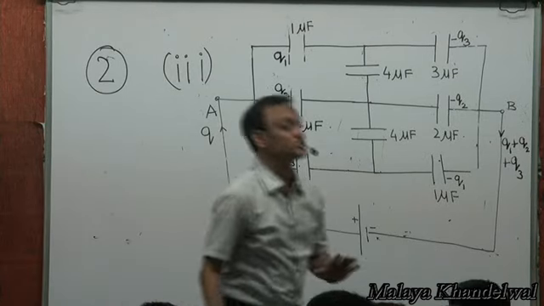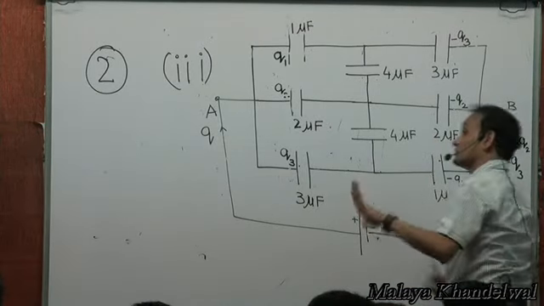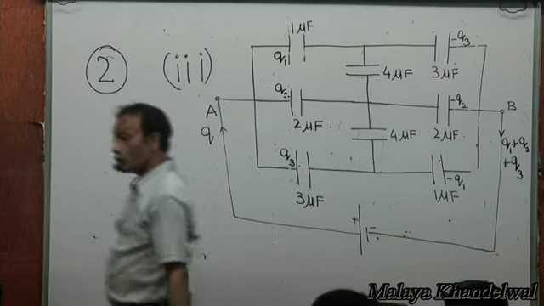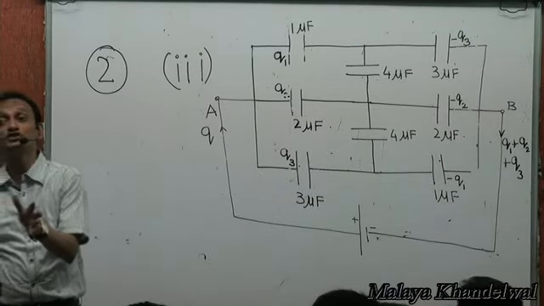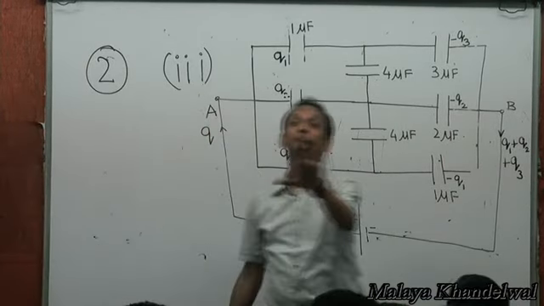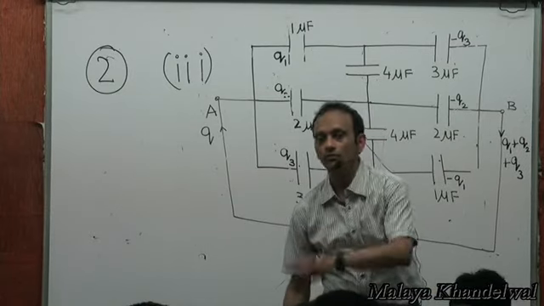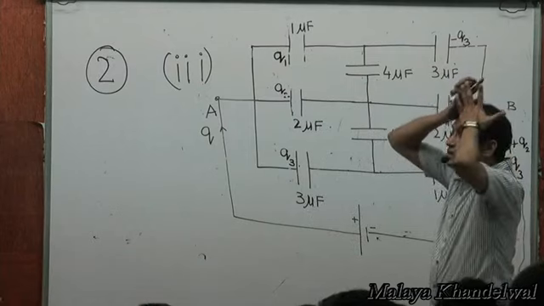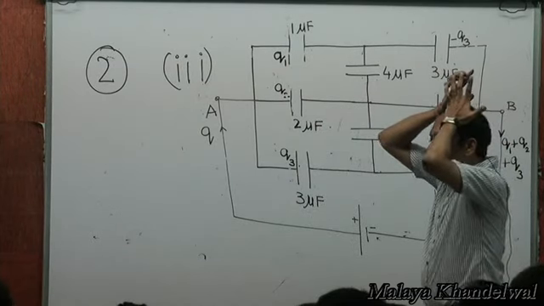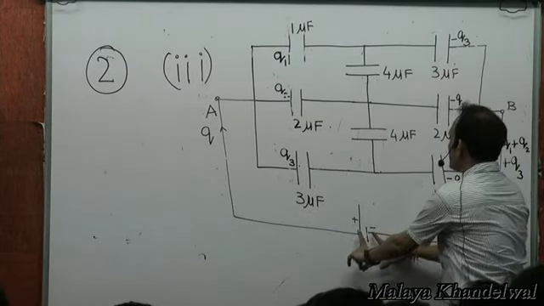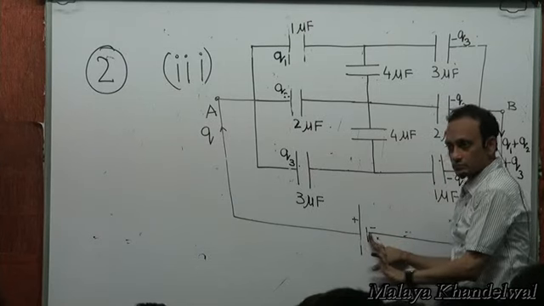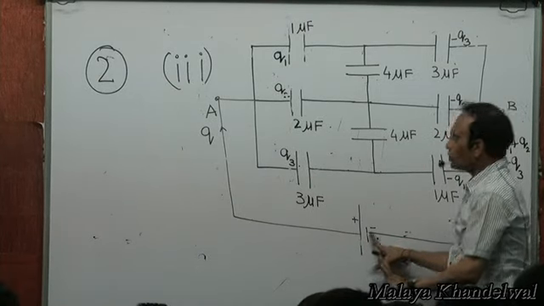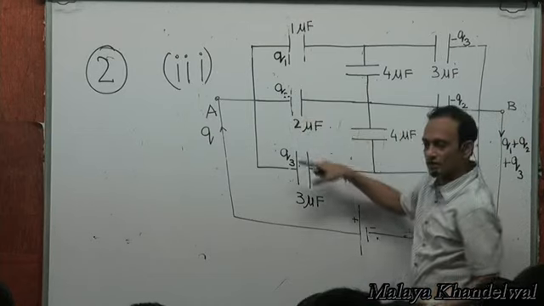This is about an observation. Okay, listen to me. We're going to deploy this observation time and again, so give it a thought. See, if the terminals of the battery were like this, plus and minus, then this would be Q1, Q2 and Q3.